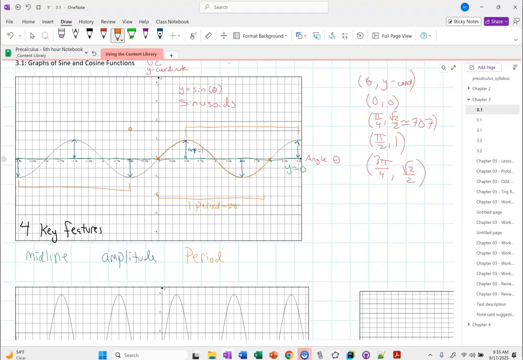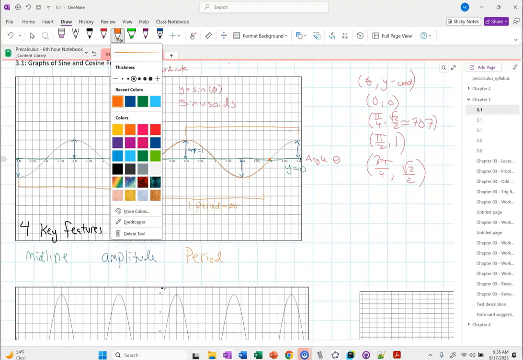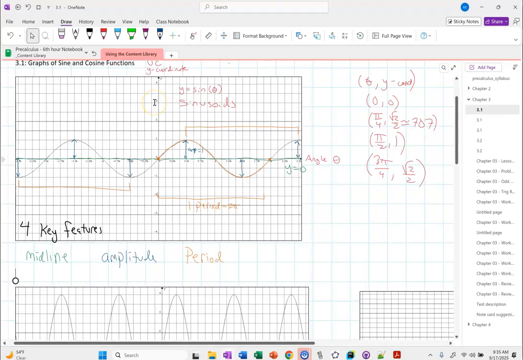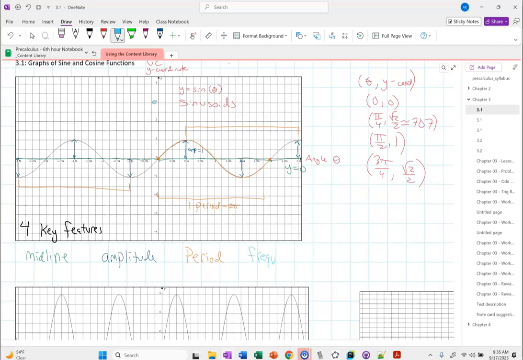And then the last key feature, which doesn't really have a graphical analog, is the frequency. This is the amount of period per 1 unit length. Really, just think of it as the reciprocal of the period.